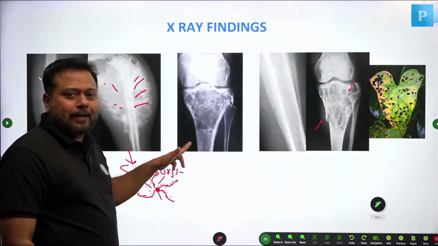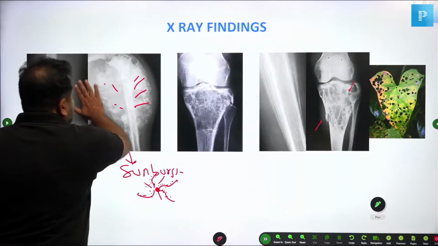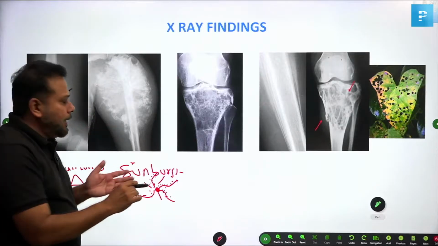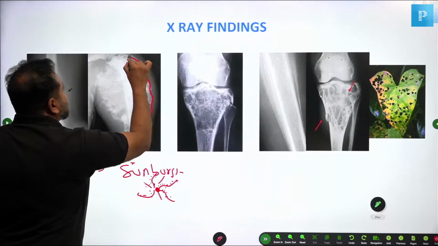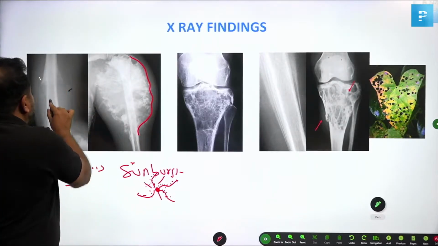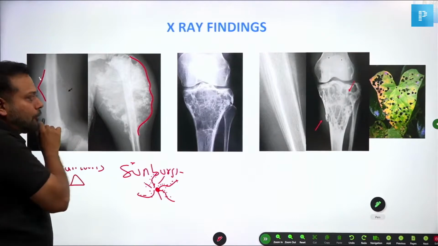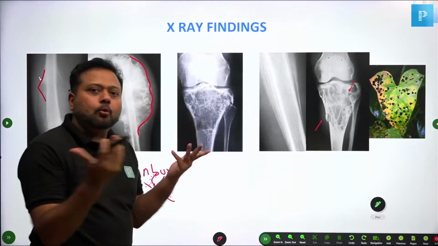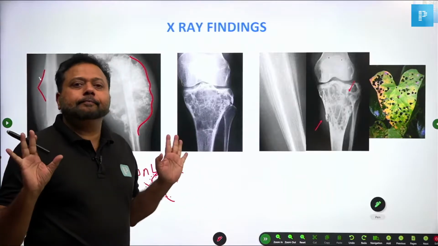Now this X-ray, when you see, I will rub all these things. Here, this periosteal elevation is in the form of sunburst appearance. The periosteal elevation here is in the form of Codman's triangle. When you see this tumor, absolutely no periosteal reaction.